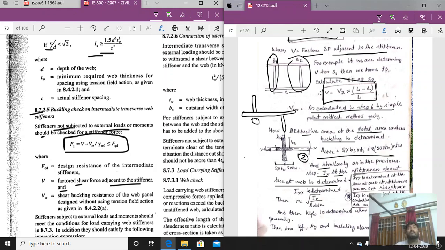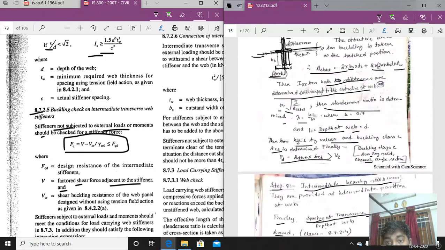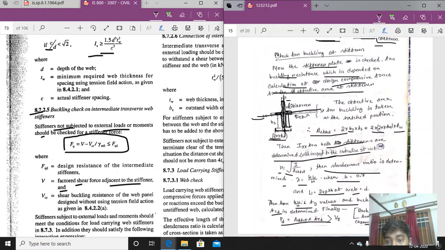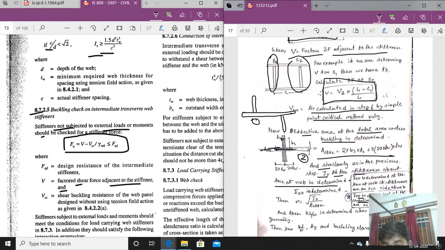If transverse stiffeners are provided on both sides, then I_xx is determined at the center line of the web. That is why we determined it for the bearing stiffener at the center line of the web. And if the stiffeners are on one side of the web, then the I_xx is determined at the face of the web.